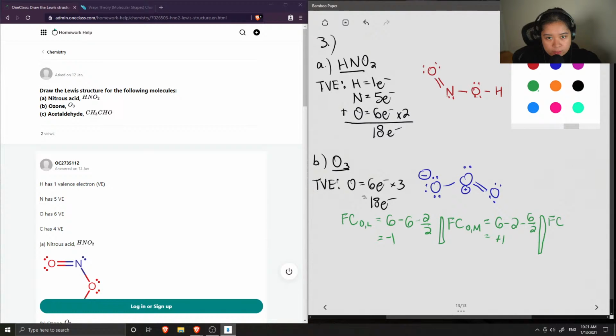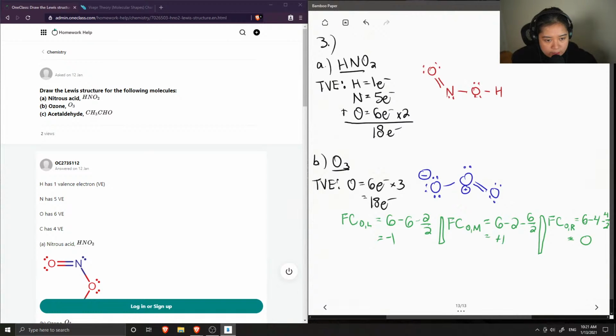And now let's do the oxygen on the right. 6 minus 4 minus 4 over 2. So this oxygen is neutral. So we can have this as our Lewis structure for ozone.